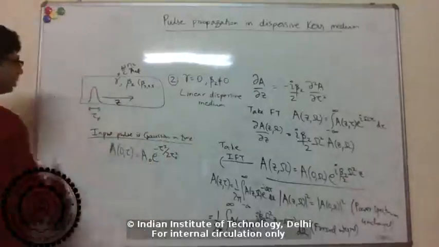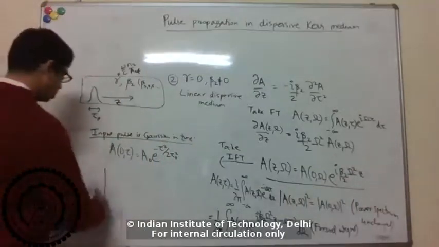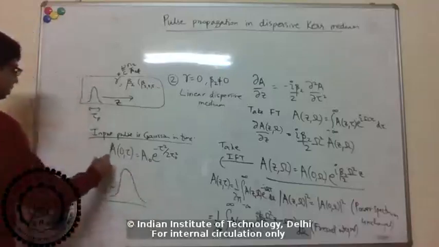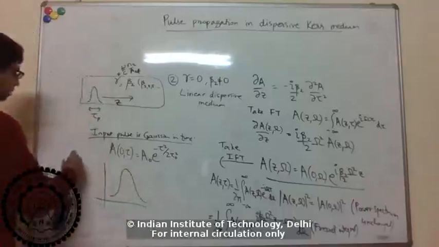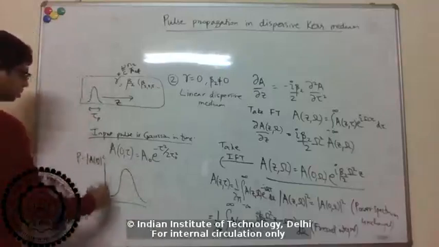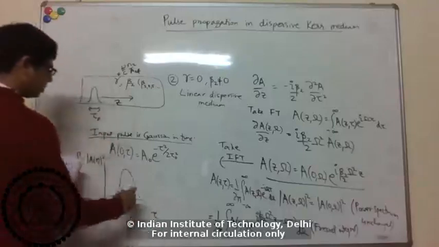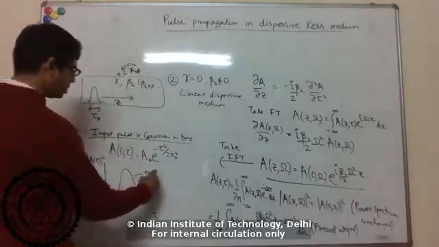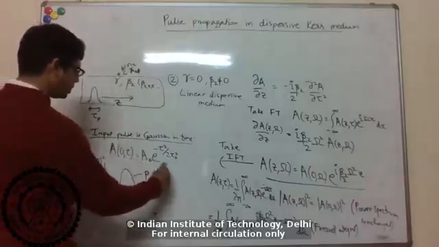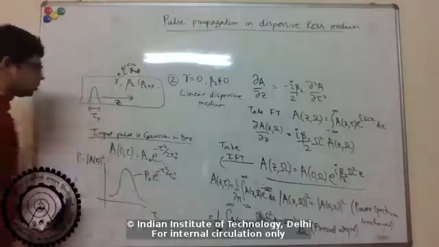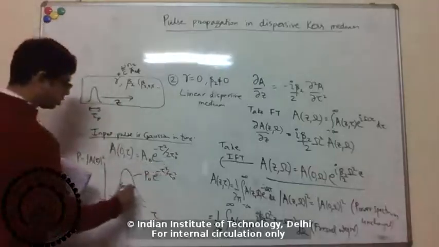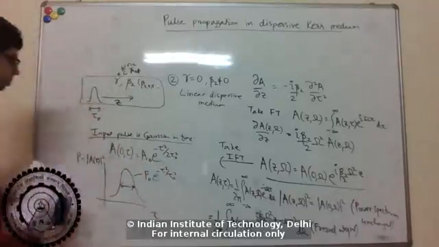Right? So if you plot the power, which is mod A square, as a function of time, you can see square of this. So P naught e to the minus t square by tau naught square. So this pulse width here is related to tau naught.